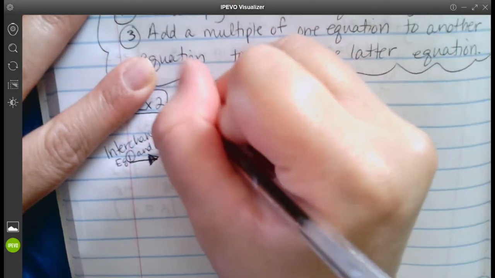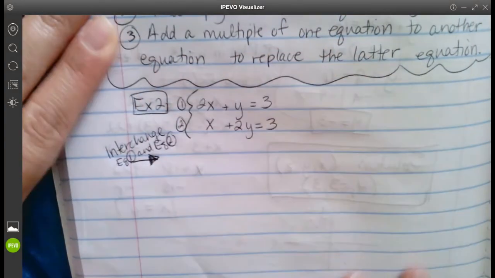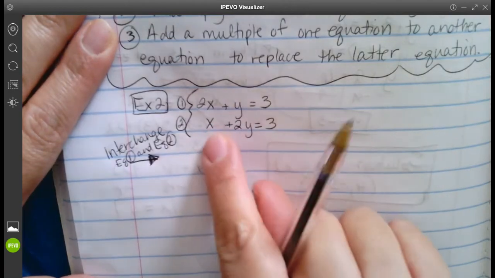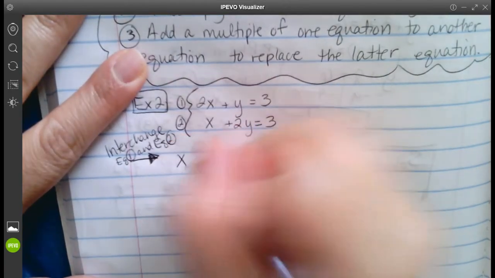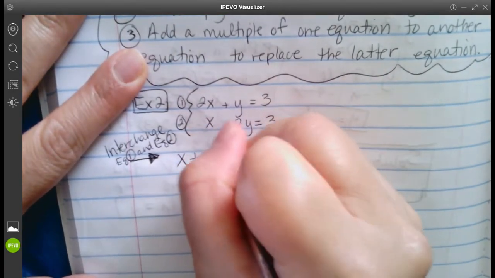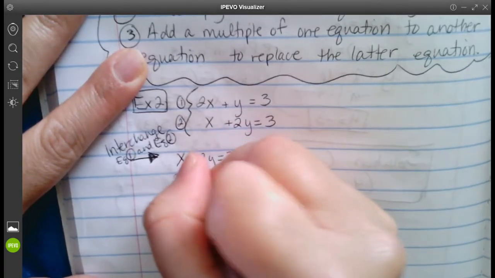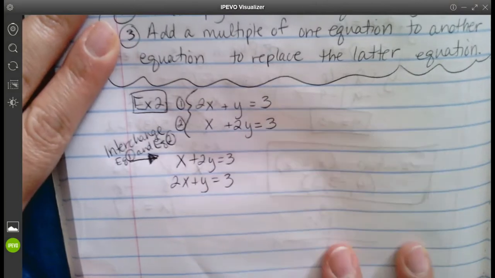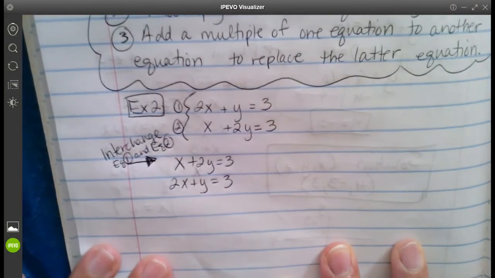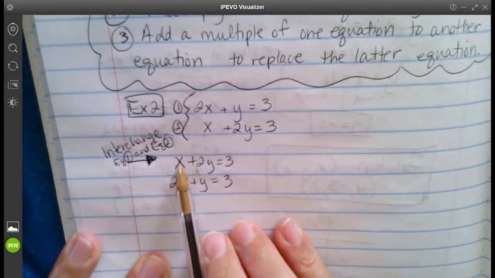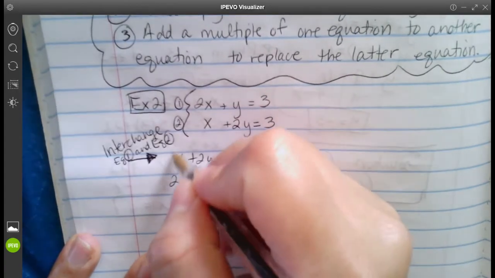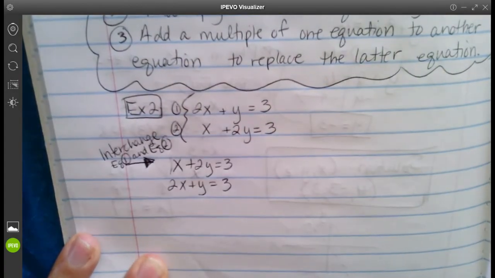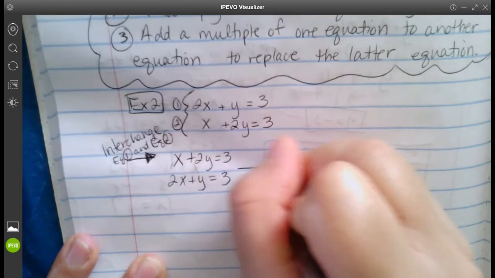Let's pretend this is our first one, this is our second one. What that's going to do is put this one on top. So I'm going to have x plus 2y equals 3, and then 2x plus y equals 3. And this is our new system. The reason I did that is because I want that x on top with a leading coefficient of 1. So there's my first row operation.